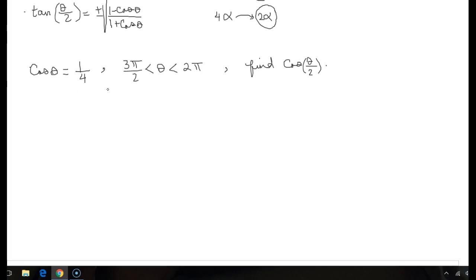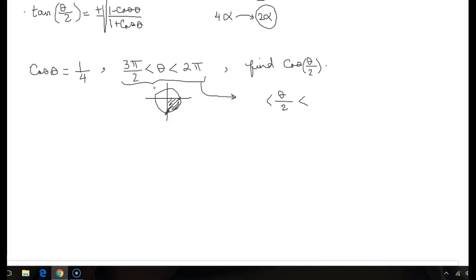Okay, first thing, quadrant. So here for theta, where's theta located at? If it's greater than 3 pi over 2 and less than 2 pi, then that is the 4th quadrant. Now, if I take that, in order to determine where theta over 2 is located at, I just divide everything by 2.